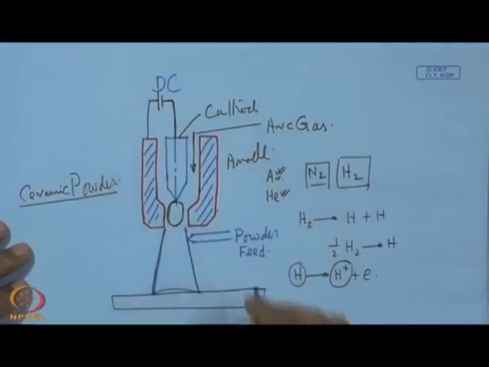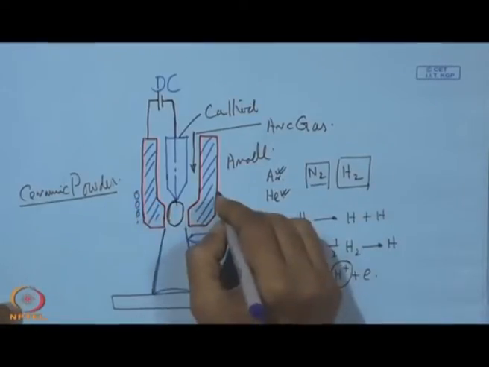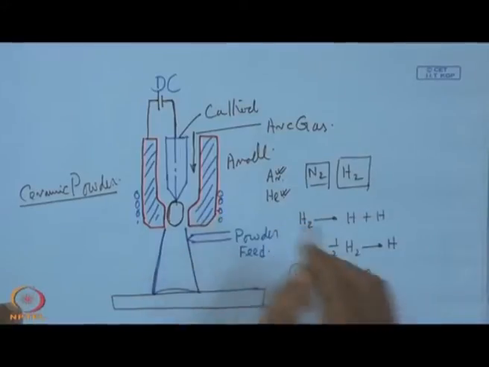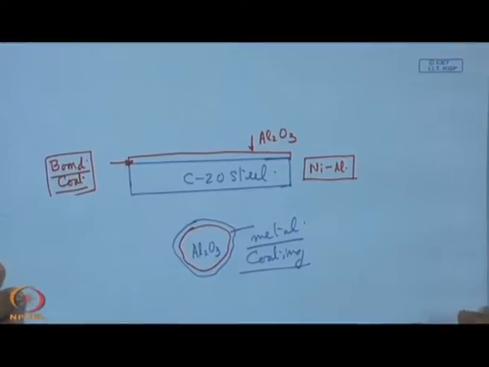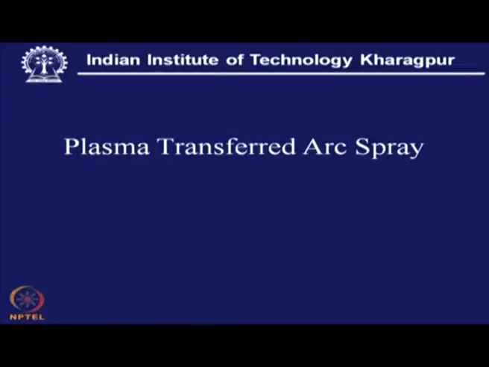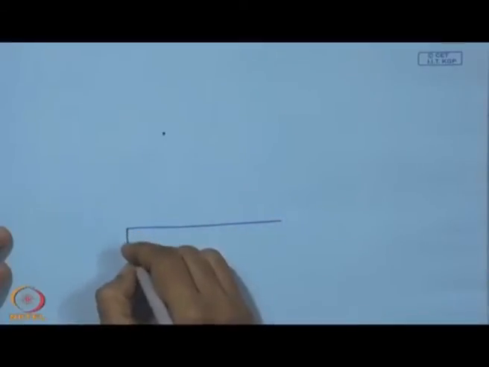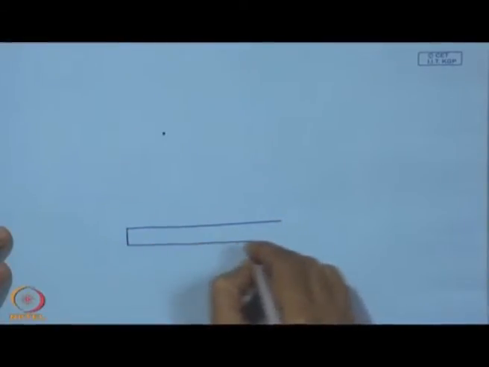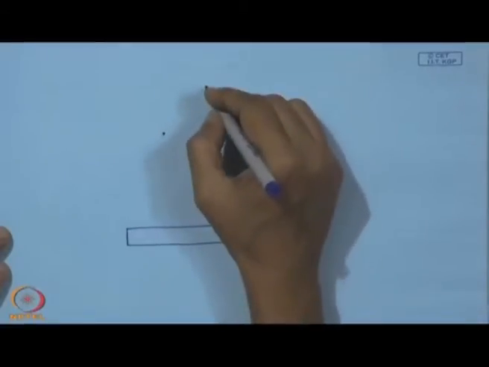So, this is positively polarized, and this is also water cooled. So, there is a water cooled jacket. But when it is actually plasma transferred arc spray, in that case what we do, we also polarize the substrate along with this copper nozzle. That means, the outer surface of this nozzle, that means the casing, is made of copper.